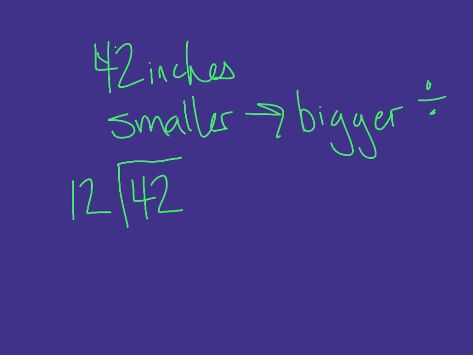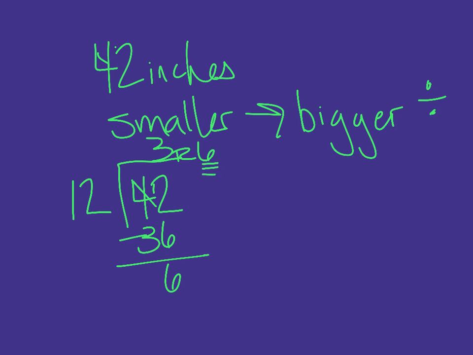If I'm doing my math, I think to myself, 42 divided by 12 is 3. That's 36, and I'm going to subtract, and I get 6, just like we had in the picture. Only this time, I remember what we did in Chapter 10, and we took this remainder and made it into a fraction.